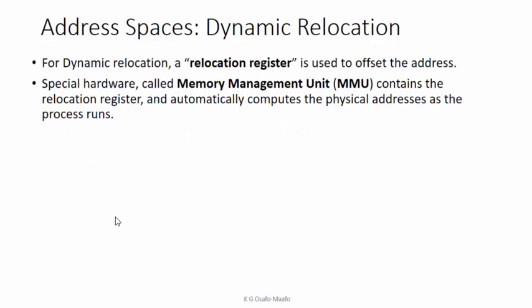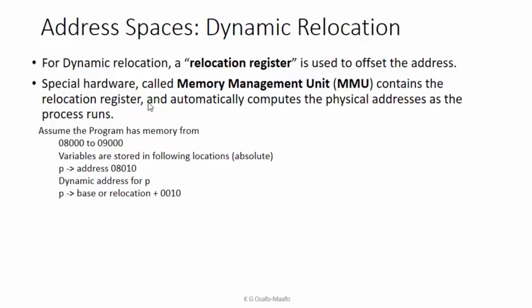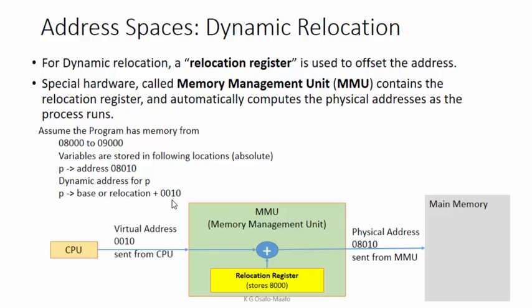So let's move to the relocation register. There's usually special hardware on the CPU chip that does all this moving for you. That was the example: if I have a variable, it would look at the variable and say, what is my base or relocation, and how far do I want to shift it?